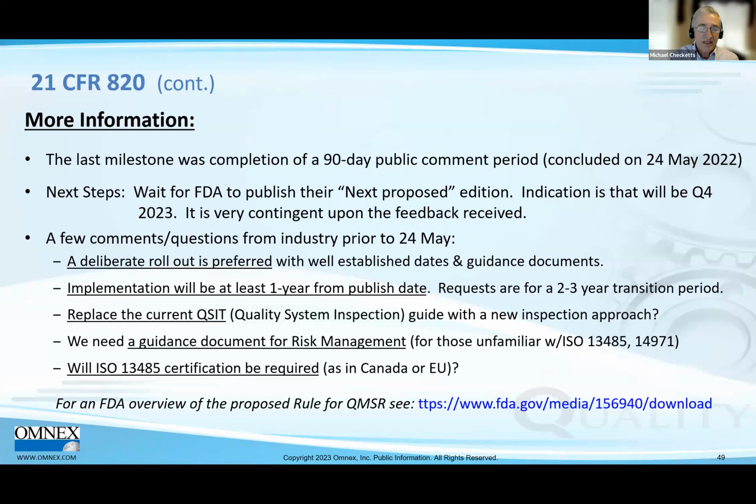Even though they haven't announced it, the expectation is fourth quarter of this year, which in all intents and purposes means late December, or maybe even January. It depends on their reaction to a lot of the questions that came out in this 90-day comment period.